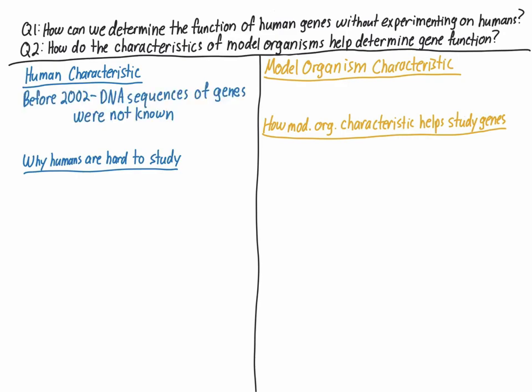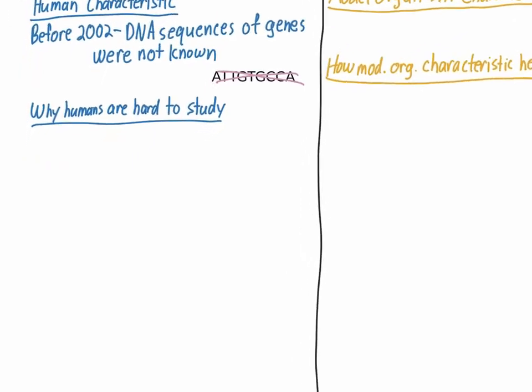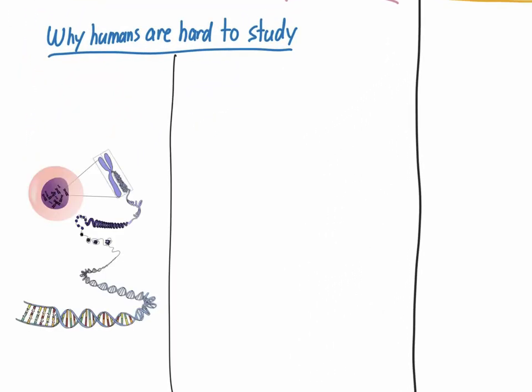Until 2002, a major drawback of research in humans was that we didn't have the entire sequence of the human genome, which meant we didn't even know about most of the genes that humans had.